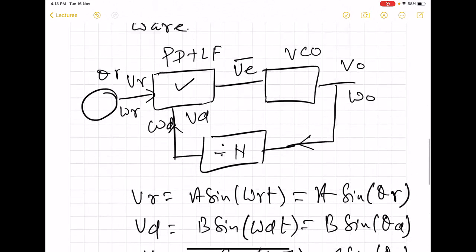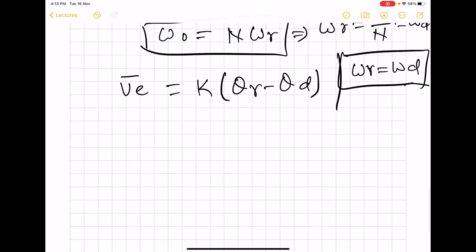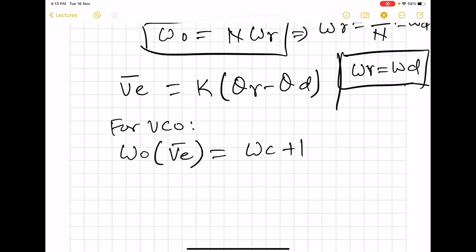And here we see that the VE bar signal is getting fed to the VCO, and we have already seen that the output frequency of the VCO is controlled by the input voltage, which is VE bar, and this will be equal to omega C plus K times VE bar, where K is the VCO sensitivity.